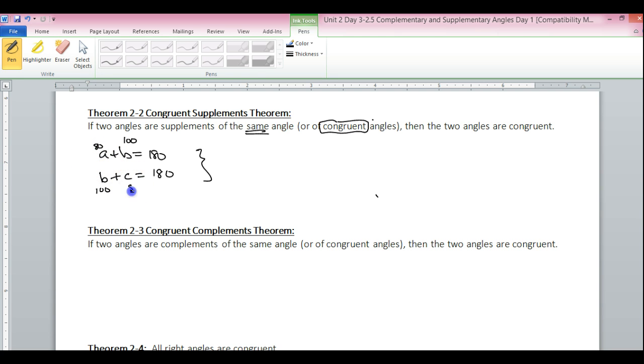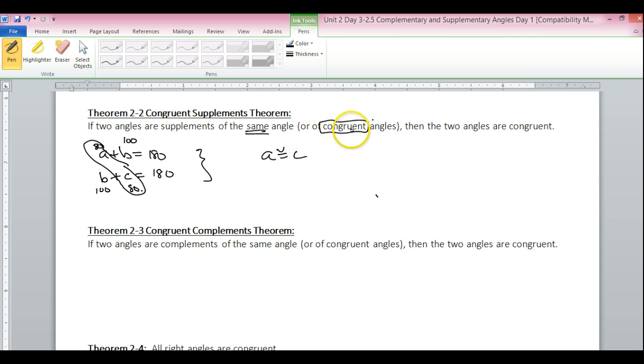What would angle C be? 180 minus 100 is 80. Notice what we get here. Are A and C supplementary, or are they congruent? These end up being congruent. So we would say A is congruent to C, and the reason is that if two angles are supplementary to the same angle, then we can conclude that the two angles are congruent.